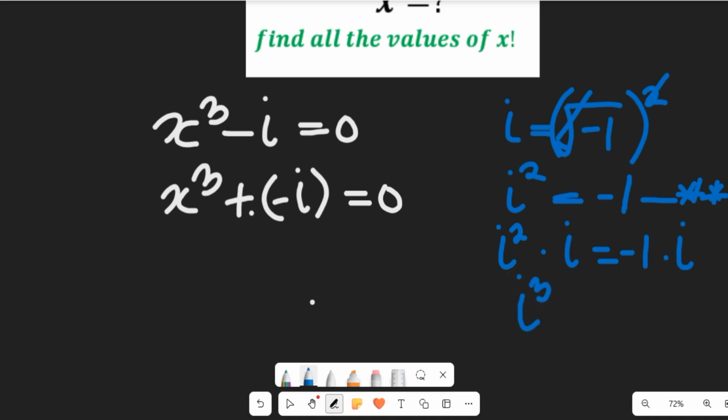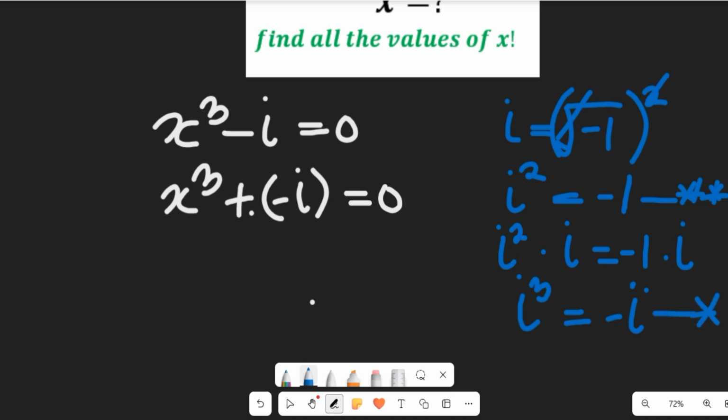No be so? That means say i to the power of 3 dey equal to minus 1 times i, go give me wetin? Go give me minus i. So i to the power of 3 na the same thing with what? With minus i.